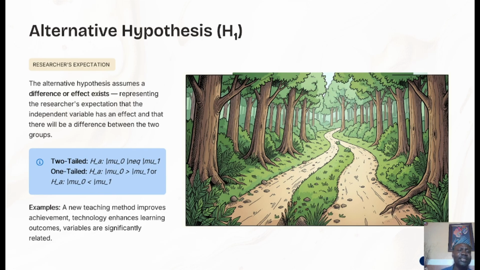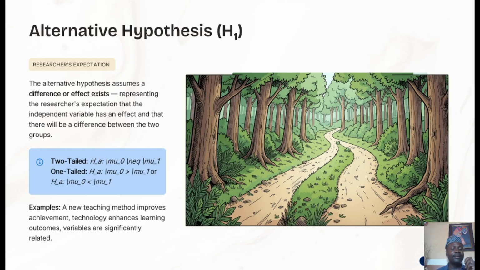Next to this is the alternative hypothesis. This alternative hypothesis assumes a difference or effect exists. So unlike the null hypothesis, which is assuming there is no difference, an alternative hypothesis is an intelligent guess. The alternative hypothesis, on the other hand, is speaking to the fact that there is a difference.